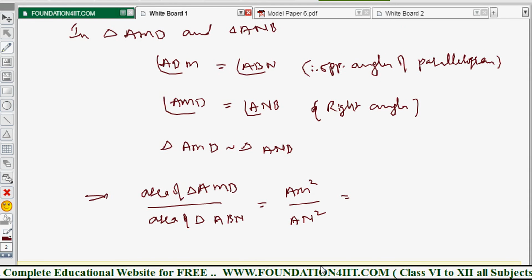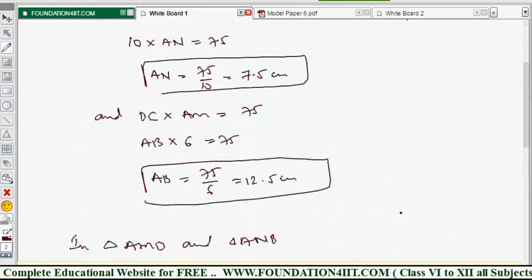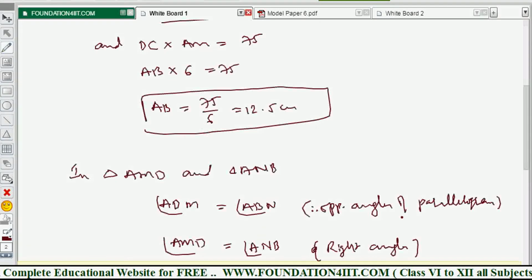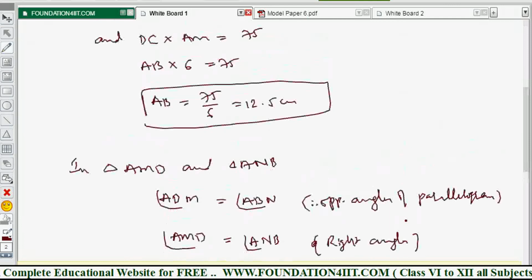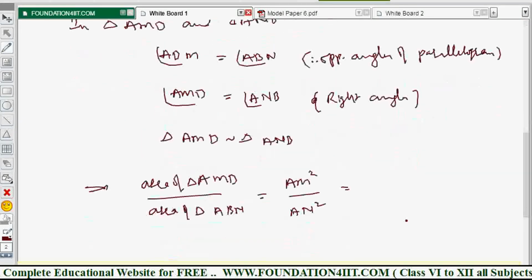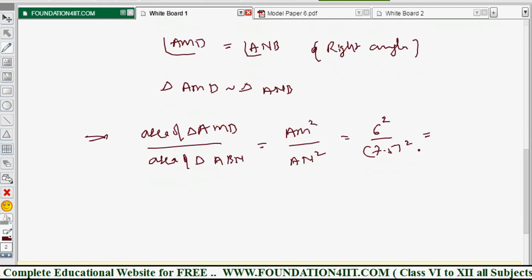Now the AM value and AN value we have got. AM value substitute, that is 6, and the AN value already found, that also you can substitute here. AN is 7.5. So it is 6 square by 7.5 whole square. By substituting this, 6 square is 36, and 7.5 into 7.5 multiply.